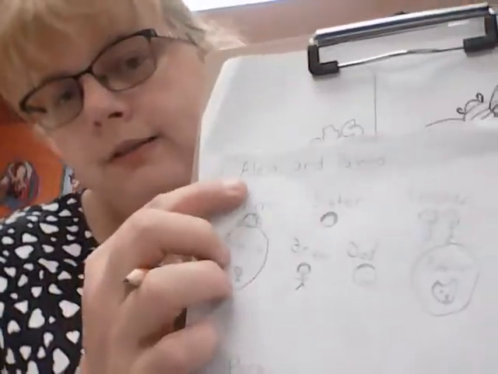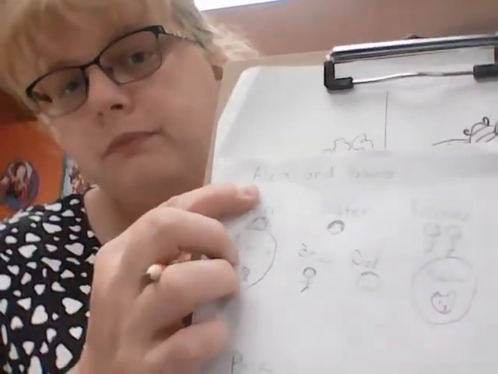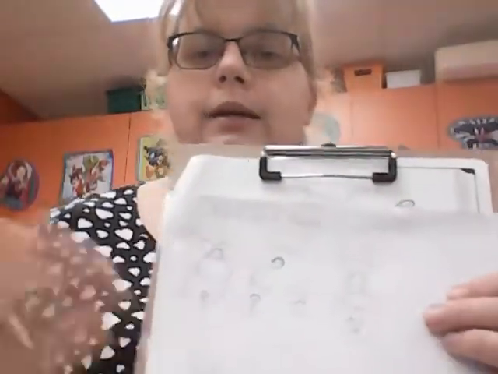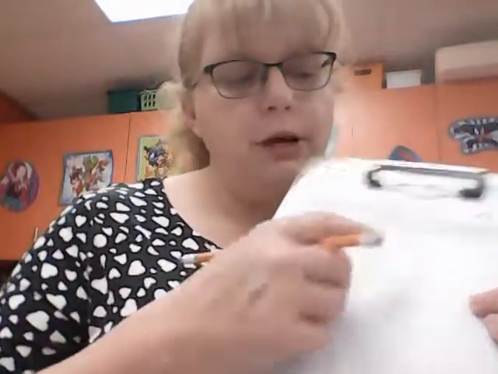So I'm going to write my sentence: Aleia and Potato. I capitalized Aleia's name because that's her name, just like your name is capitalized, and also Potato. Potato is a vegetable, but in this case, it is a dog's name, so I capitalized it.